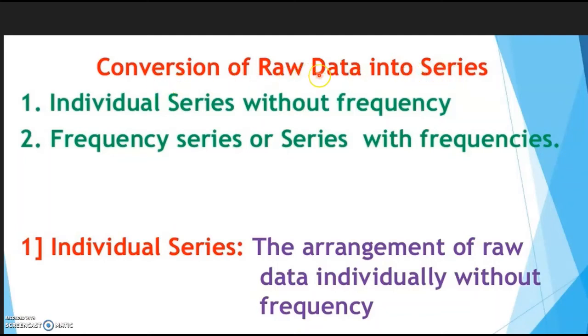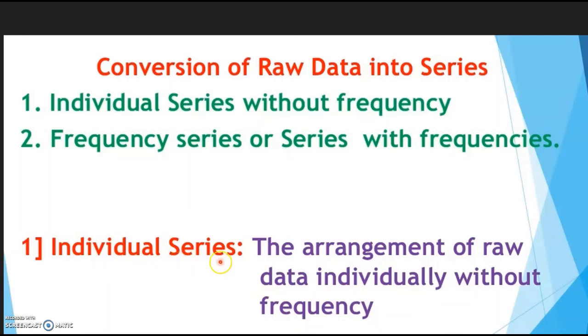The conversion of raw data into series includes two types, individual series without frequency and frequency series or series with frequencies. The first one is individual series. The arrangement of raw data individually without frequency is known as individual series.